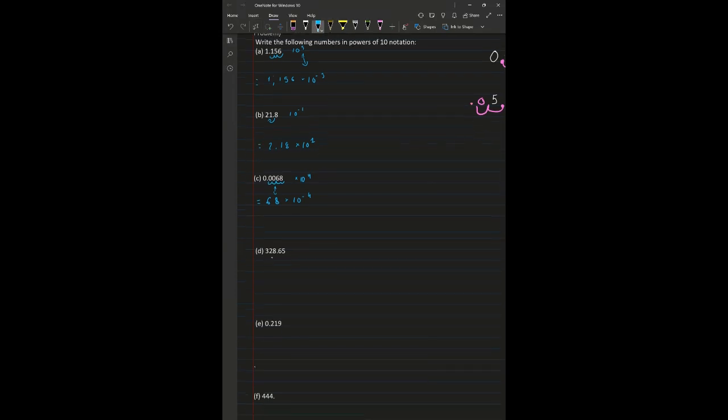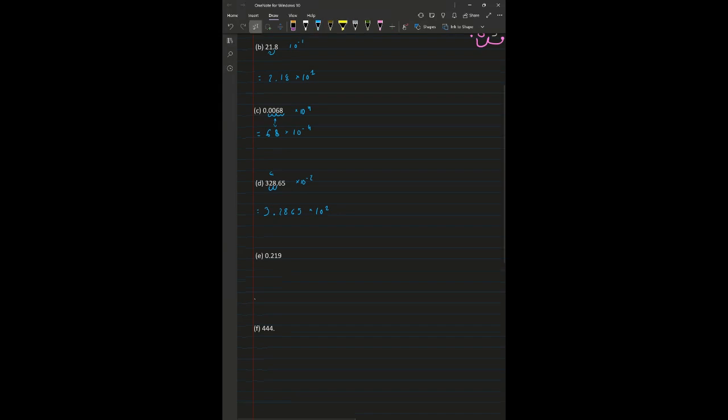Alright, let's do this. For example, let's move this 2 places to the left. So that means there is a 10 to the negative 2 shift. To keep the equality, I gotta do the opposite, so I'm gonna do 3.2865 times 10 to the power of 2.